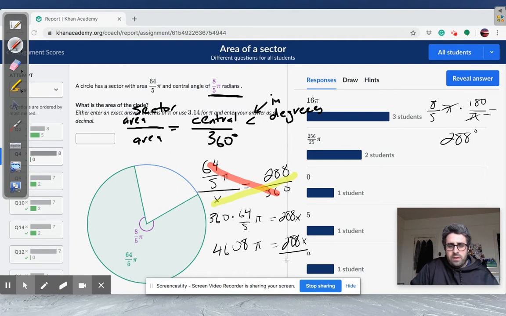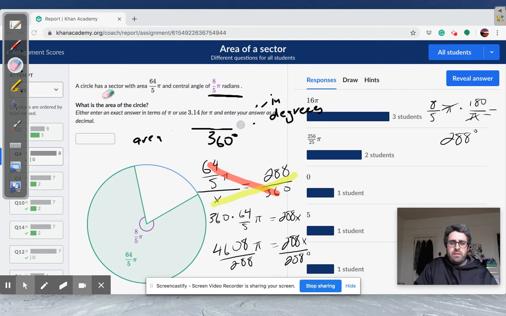288x. Divide by 288. And I'm just going to leave this pi alone because if you look at the original question, it says either an exact answer in terms of pi or use 3.14 for pi and enter your answer as a decimal.